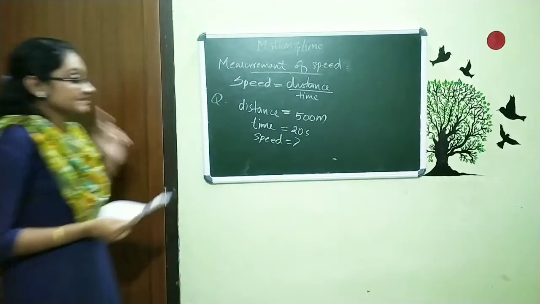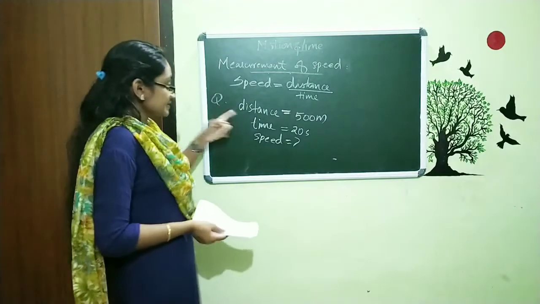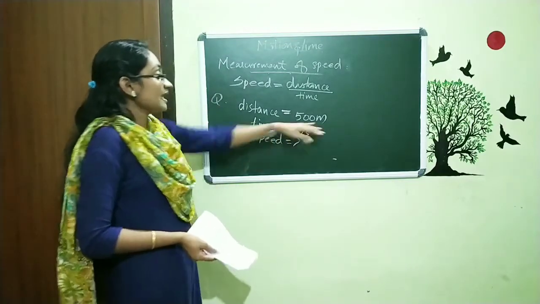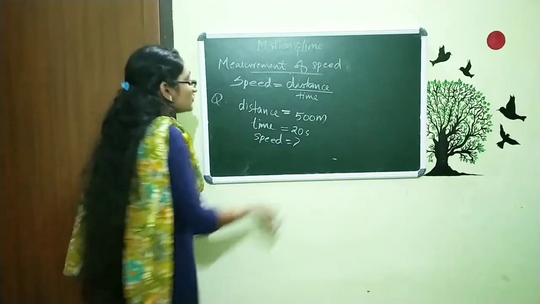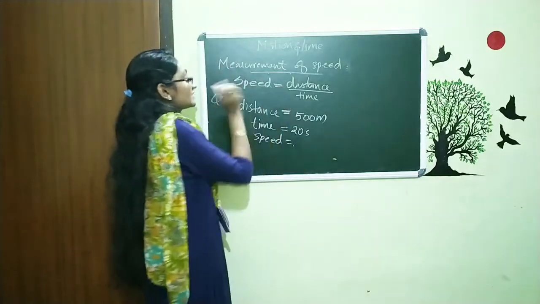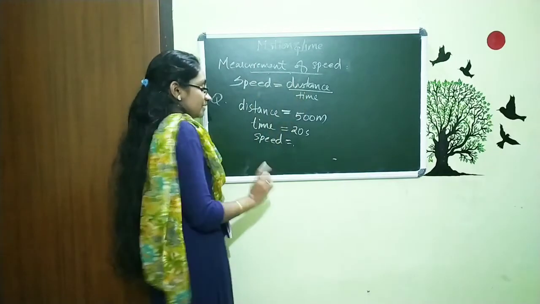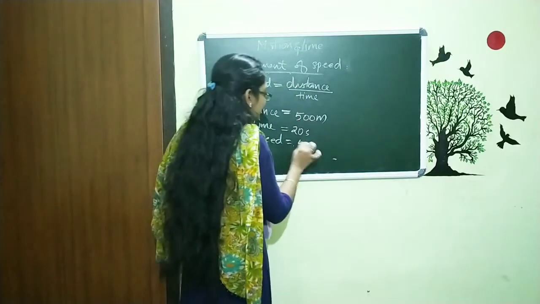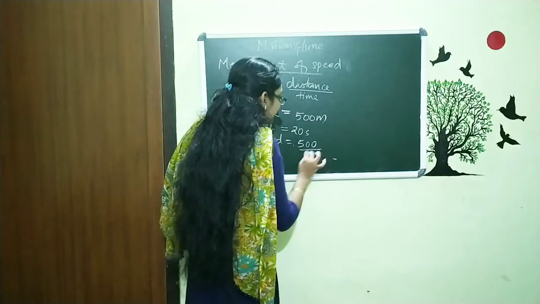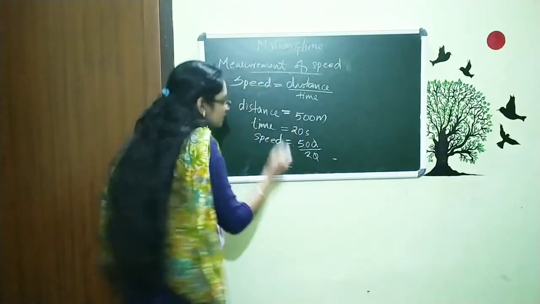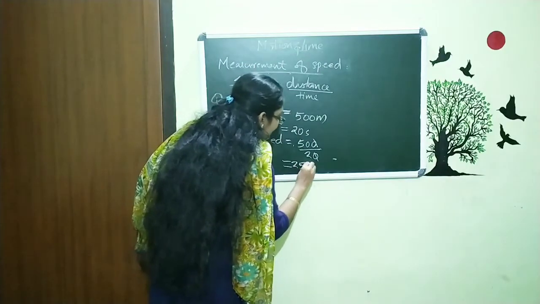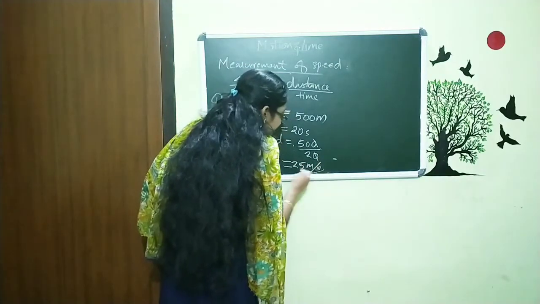Very straight question. So here we have the distance, the time, and the unit is in basic unit. So very simple. How can we find the speed? This is our equation. Speed is equal to distance by time. So 500 divided by 20, and how much is this? 25 meter per second.